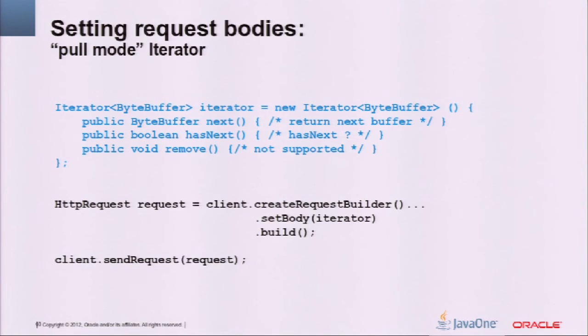So perhaps in JDK8 a default implementation of the remove method will be provided, and that would mean users don't have to implement it. So again, what happens here is you call setBody with your iterator object, and you call sendRequest, and then as previously the implementation will call back to the iterator to retrieve the byte buffers one at a time using the next and hasNext methods.